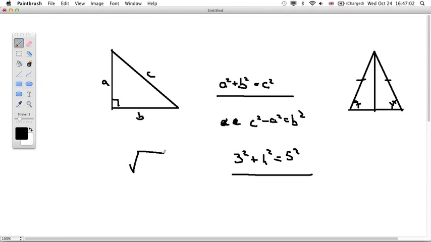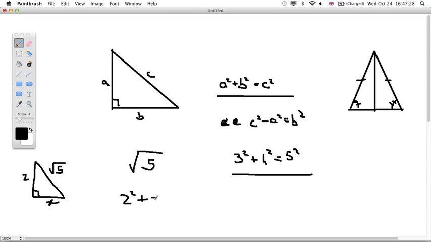Also you'll be given things like the hypotenuse being square root of 5 and one of the lengths being 2. Let's draw a rough triangle over here, where this length is square root of 5, this is a right angle, this side is 2, and this side is x.